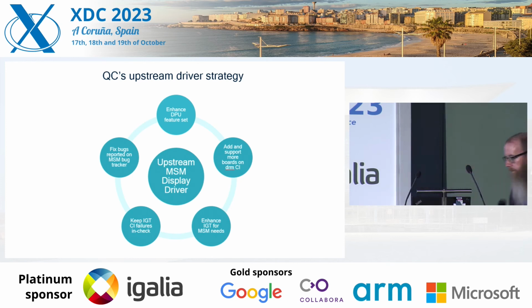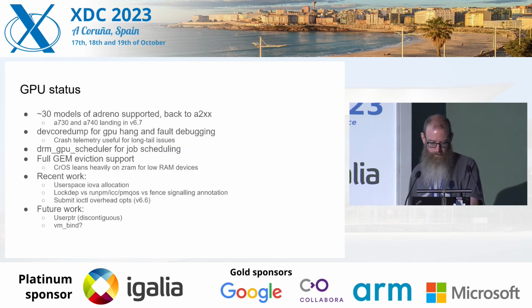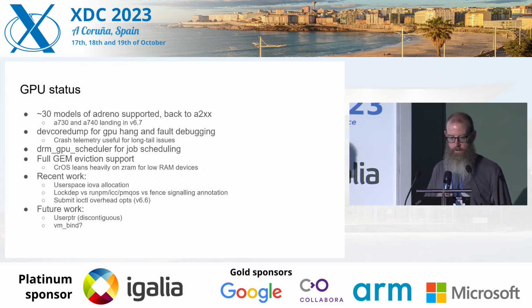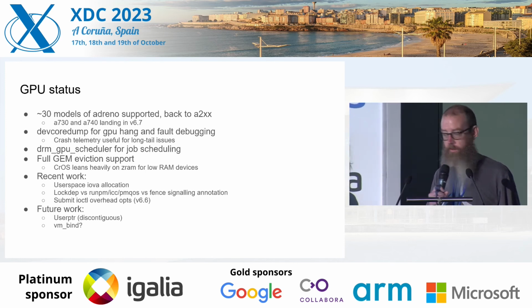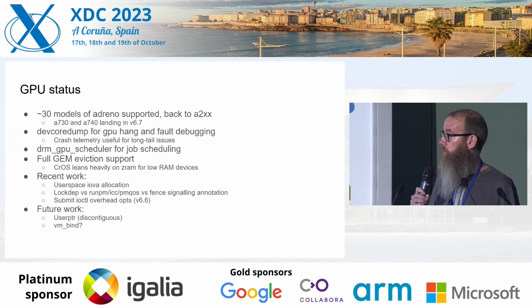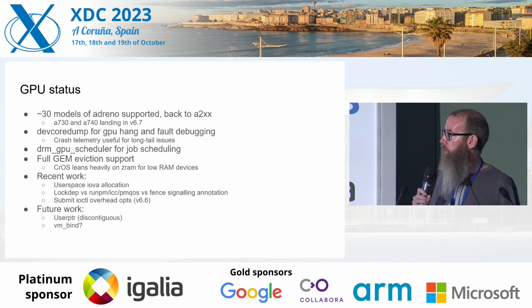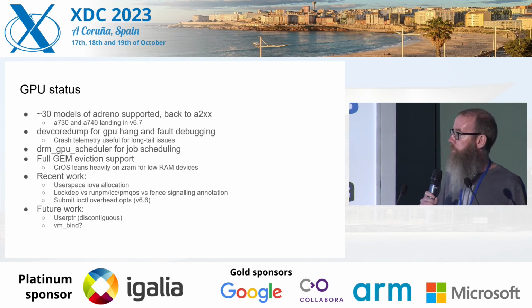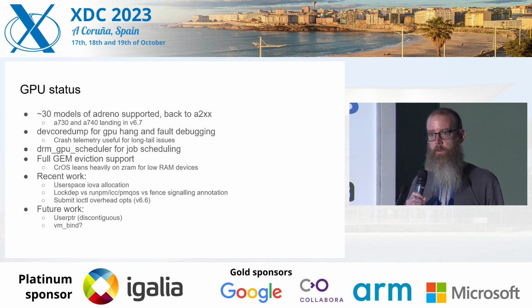All right, thanks. So just a quick status on the GPU side of things. These days we have approximately 30 models of Adreno GPU supported, dating back to Adreno 200. That includes Adreno 730 and 740, which are landing in 6.7.